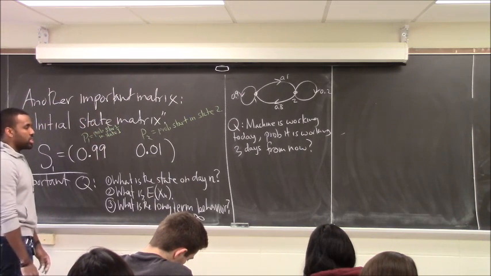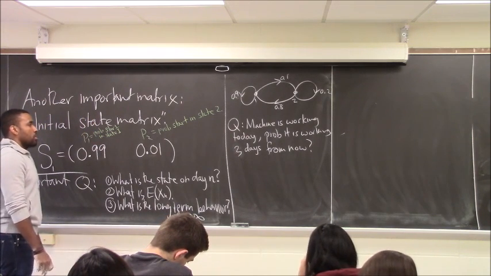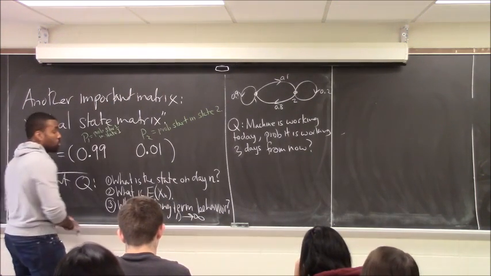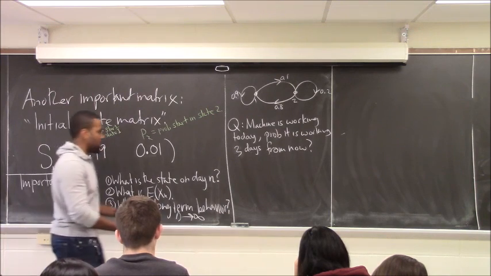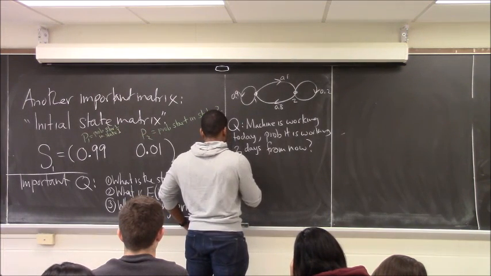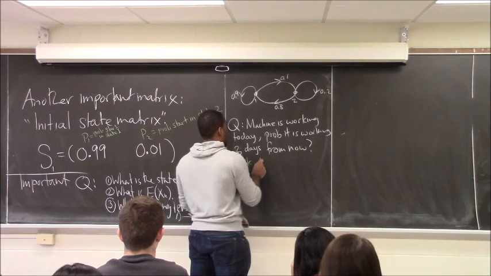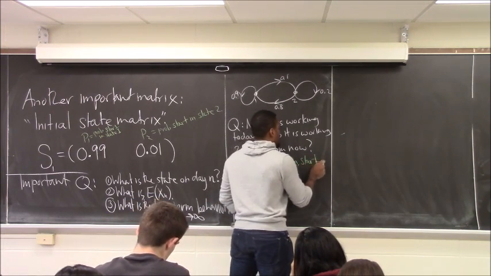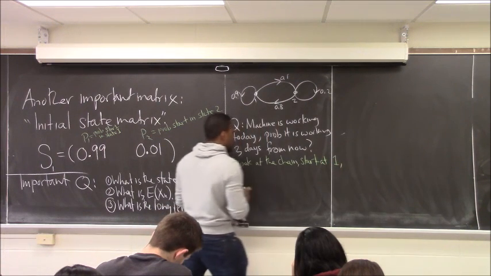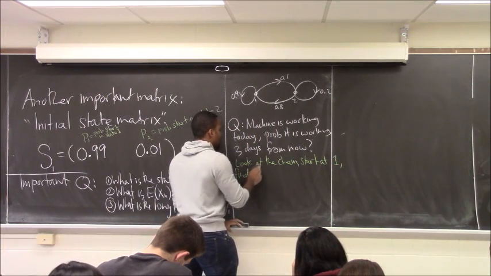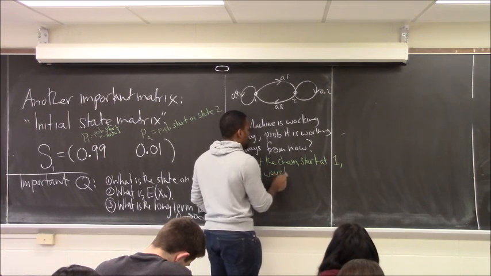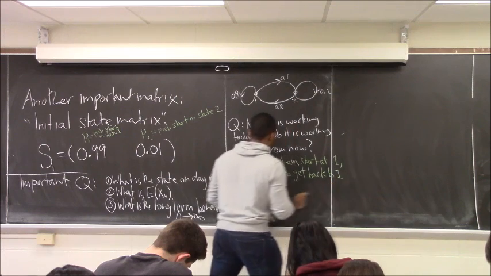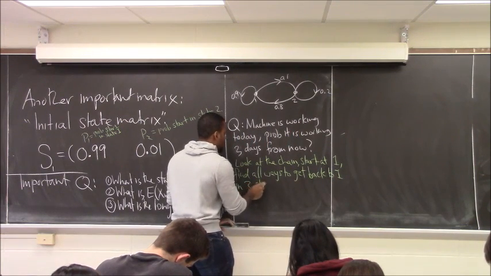Okay, so how would you actually figure that out? Basically, one way you can do it, we're going to find a better way right away. One way is to look at the chain. Start at 1. Find all the ways to get back to 1 in 3 steps.